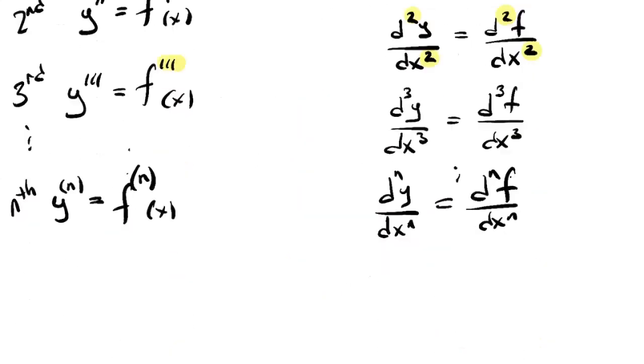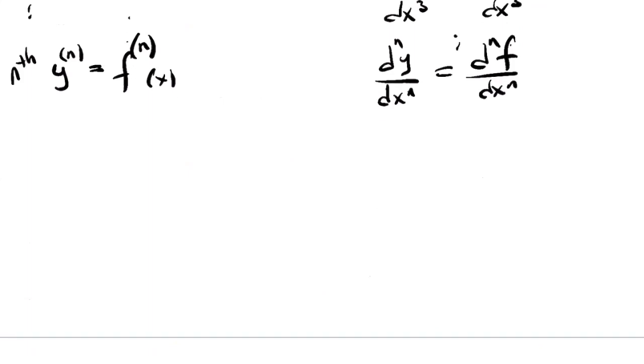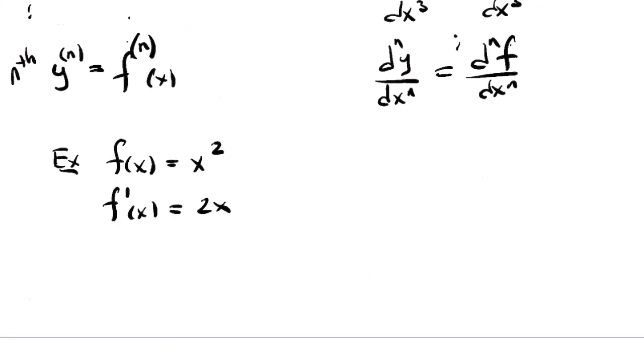Now let's compute a couple and talk about some applications. As a quick starter example, what if we take f of x to be the squaring function? We've computed its derivative a couple of times now, so I'll just write it: it's 2x. So what about the second derivative?